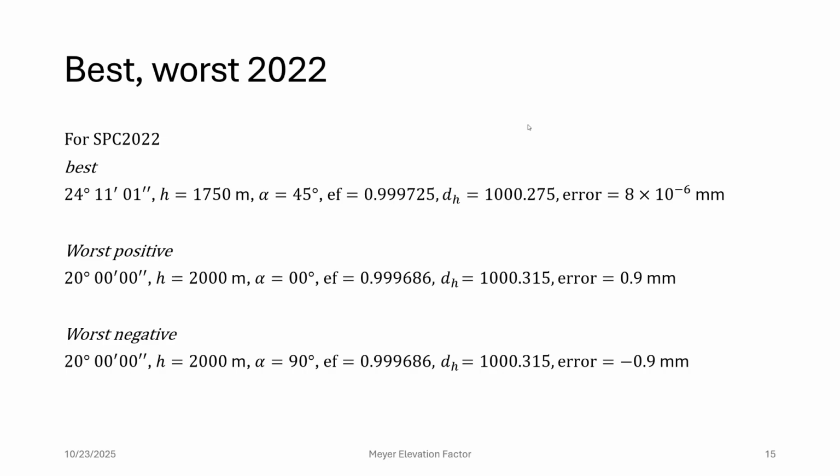I could anticipate that the azimuth would be 45 degrees. The Gaussian radius of curvature is the mean of the north-south and east-west curvatures, and so it's going to be a good match for the radius of curvature in the normal section around 45 degrees.